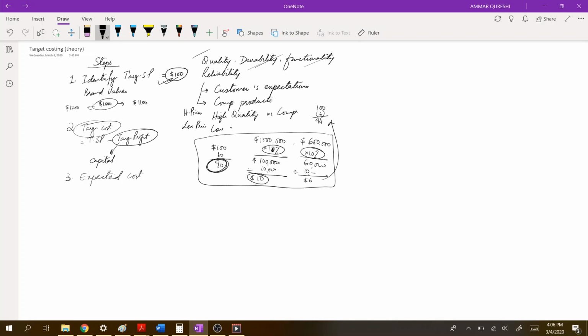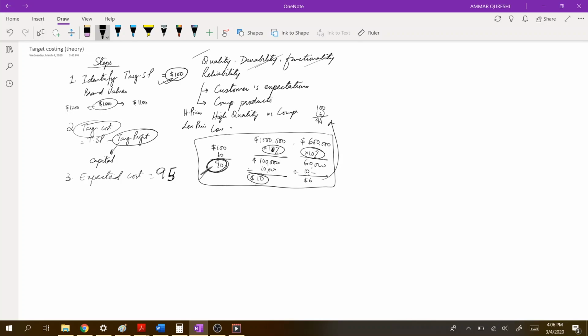Suppose your product development department gives you a cost at which they can manufacture this product. Remember, the targeted cost is $90. Now the expected cost is around, suppose, $94, or let's keep it $95.